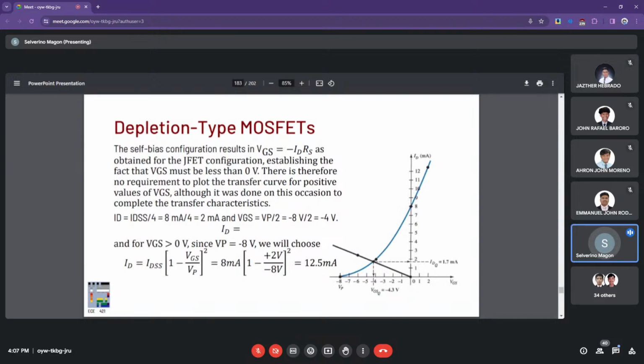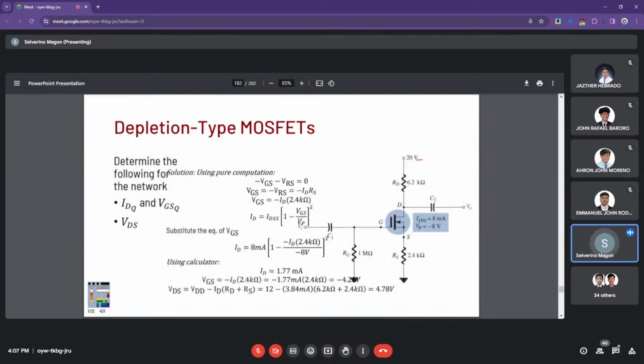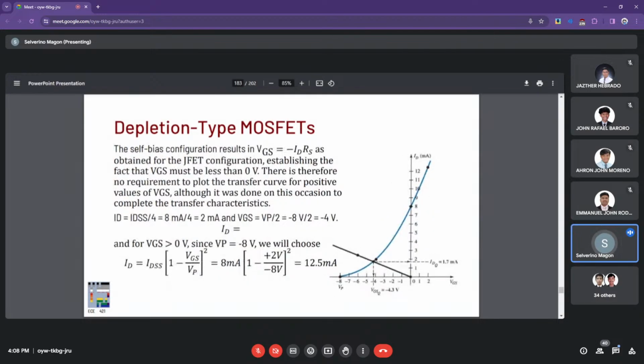All right, so for the load line analysis of this one, this is not a voltage divider, so we have a trivial solution for this. We have zero drain current for VGS at 0. Now, VGS can be described as the same as your IDRS, so VGS should be negative.